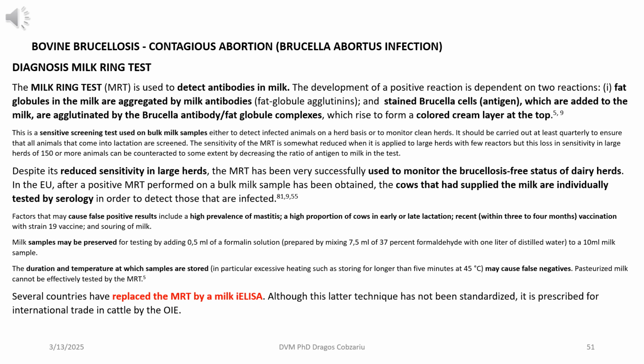Despite its reduced sensitivity in large herds, the MRT has been very successfully used to monitor the brucellosis-free status of dairy herds. Several countries have replaced the MRT by a milk ELISA. Although this latter technique has not been standardized, it is prescribed for international trade in cattle by the WOAH.